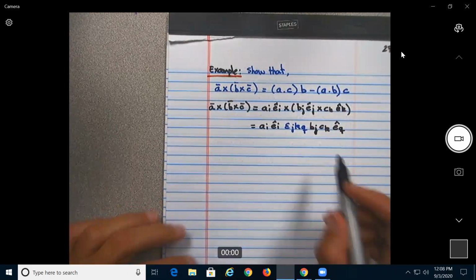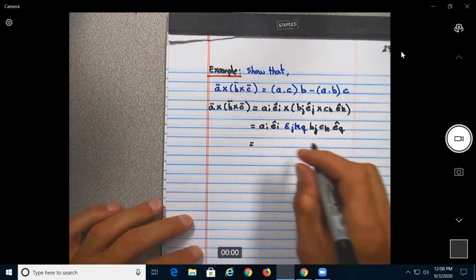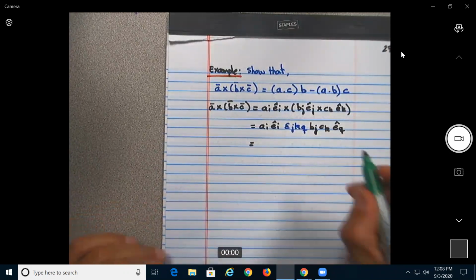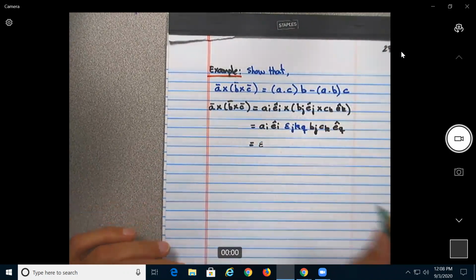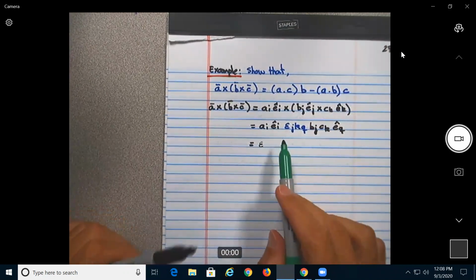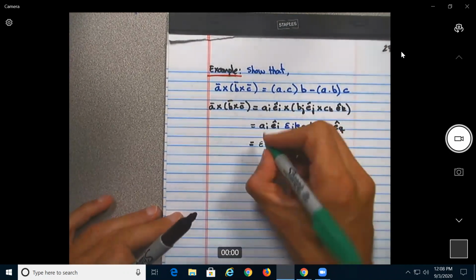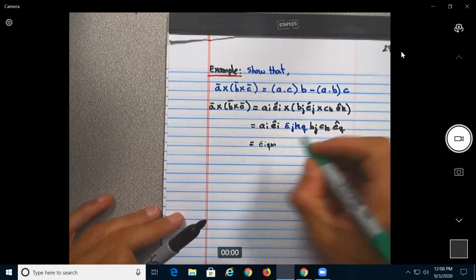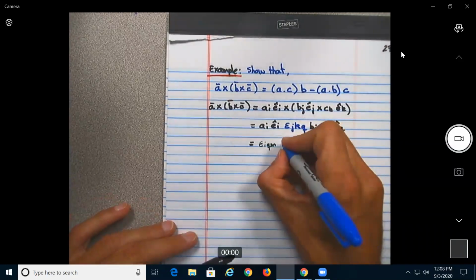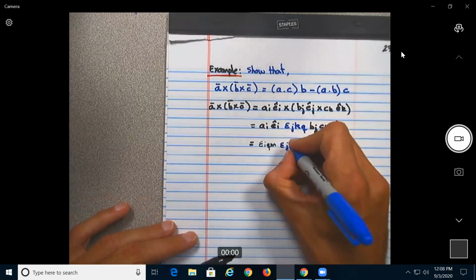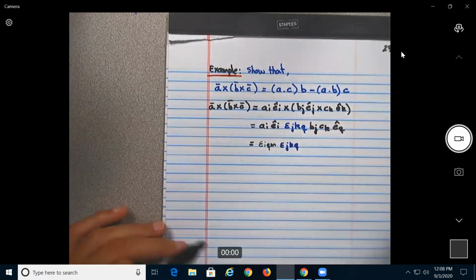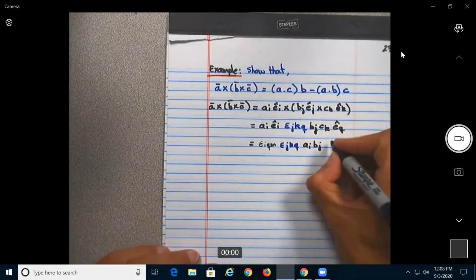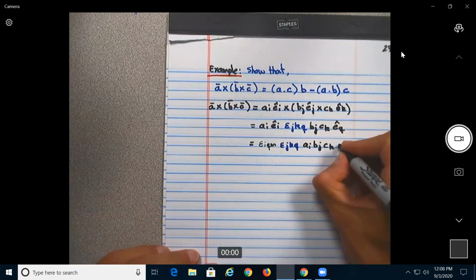All right, now we do the first cross product. Let's call that one. So we have i and q. So we have i, q, m. We use the same as before. Epsilon_jkq, A_i, B_j, C_k.